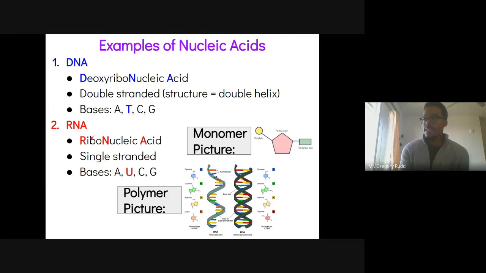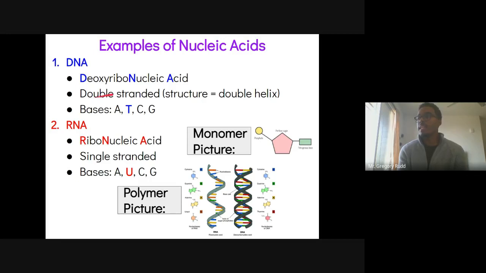So RNA has an oxygen atom that DNA does not have. DNA is deoxified. And ribo refers to the sugar, ribose. So DNA has the ribose sugar without oxygen, and RNA has the ribose sugar with oxygen.